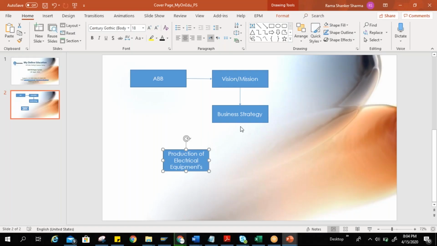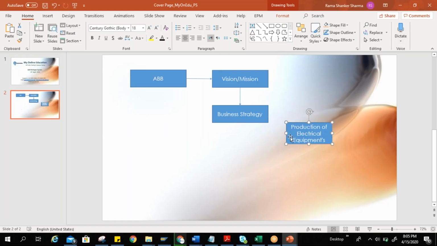They need to make some investment, right? They need to establish, or install, a factory. That is the investment for them, and it happens based on the strategy, considering the vision and mission of the organization.